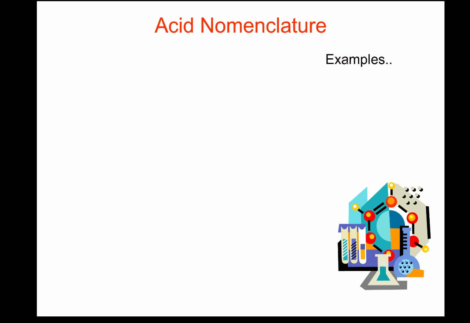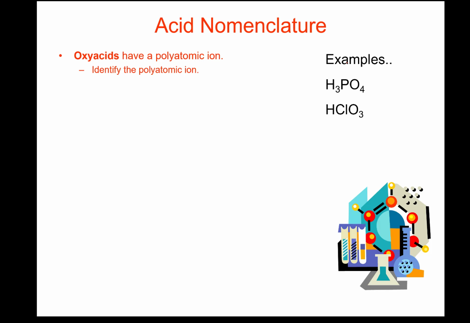What if it's not binary? Here are some examples. H3PO4, where we see a polyatomic ion, hopefully you recognize that, or HClO3. These are oxyacids with a polyatomic ion in them. You have to identify your polyatomic ion. Then, if the polyatomic ion ends with ate, it becomes an ic acid.